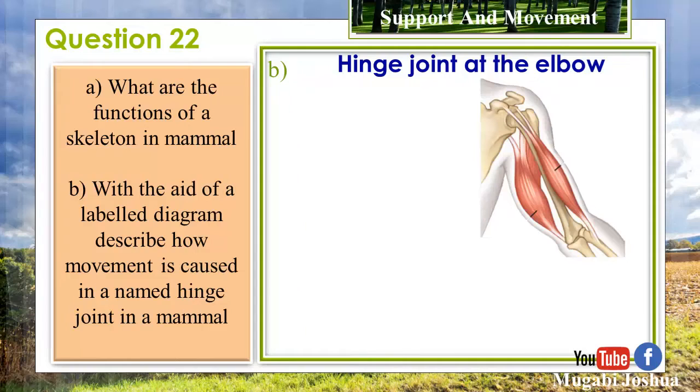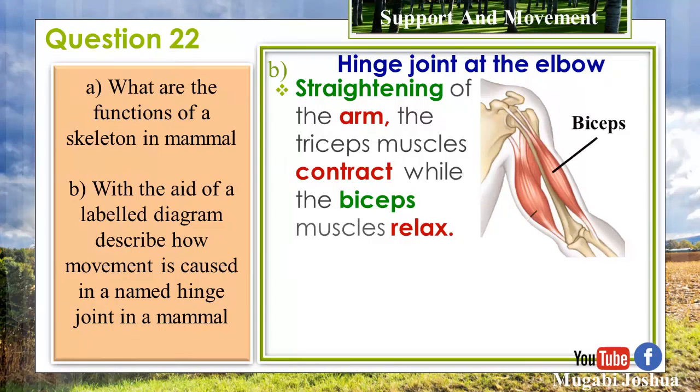Now, still at the same hinge joint at the elbow, we want to see how the joint is straightened. At this point, you will see that the biceps are relaxed and the triceps are contracted.